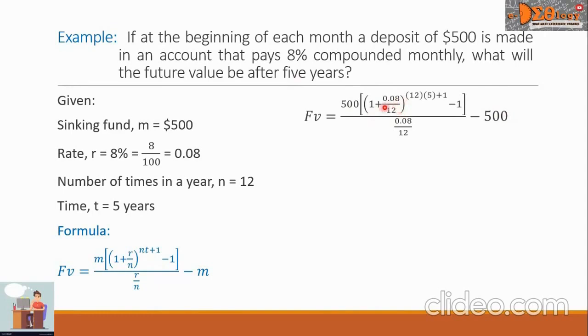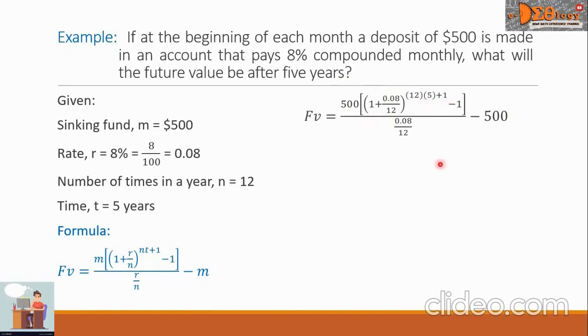So we have 0.08 over 12. The same fraction is found in the denominator here. And in the exponent, we have nt plus 1. That is the 12 times 5 plus 1.